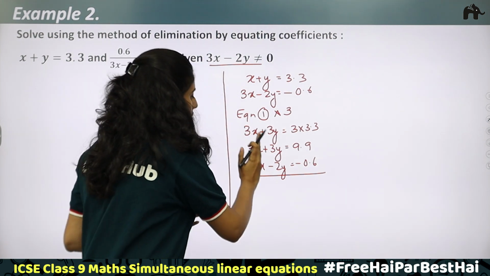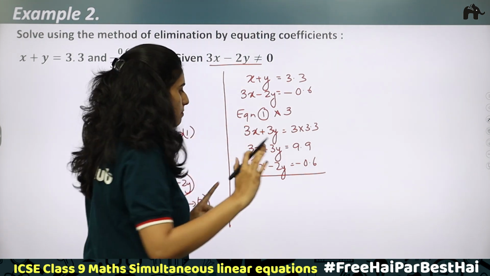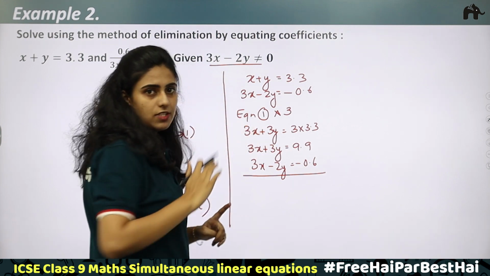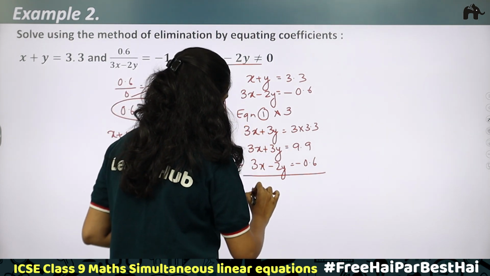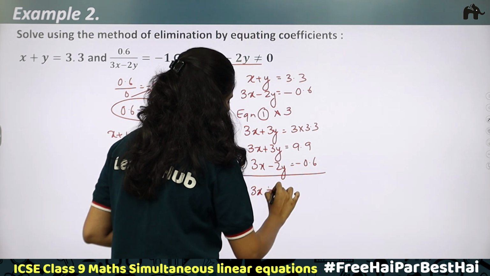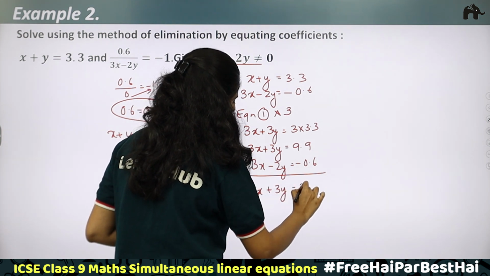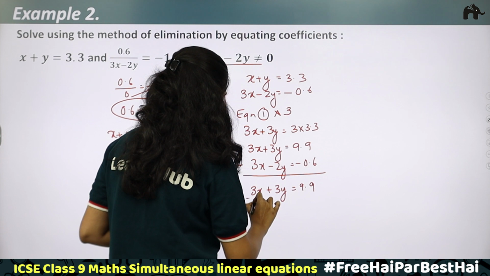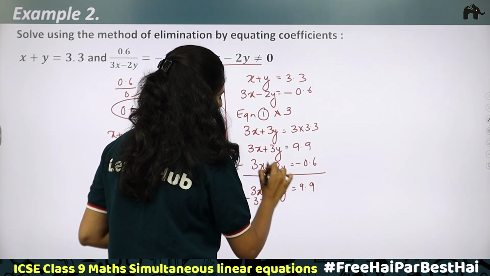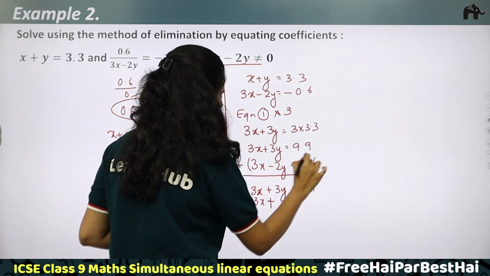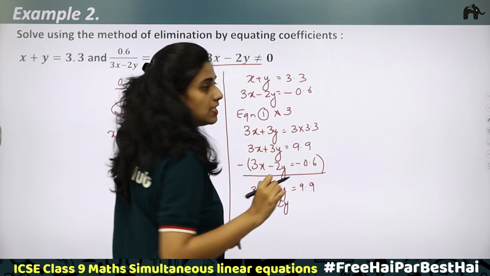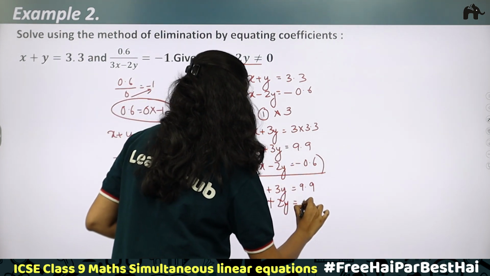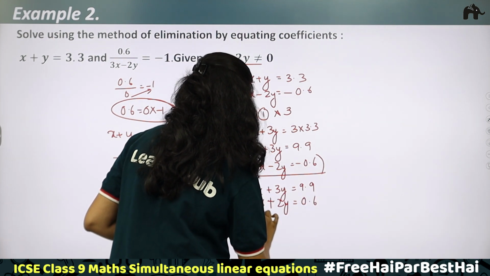In order to remove the x containing term, we are going to subtract the second equation from the first equation. So subtracting, what do we get? This becomes 3x plus 3y is equal to 9.9 minus 3x, minus of minus is plus 2y, minus of minus again plus 0.6.